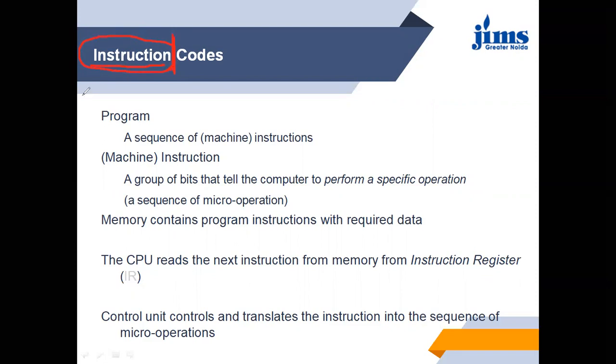When I tell someone that you have to do this, these are the instructions to perform that work. I am giving you the rules that you can follow. Code means the instructions that I can represent in some way.